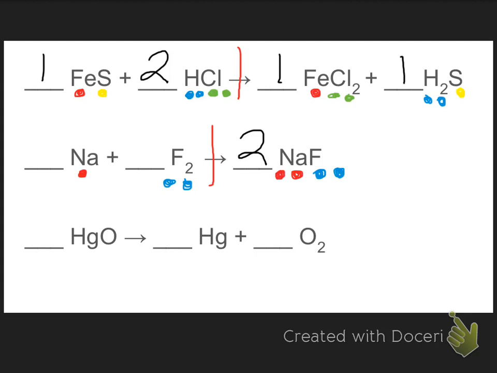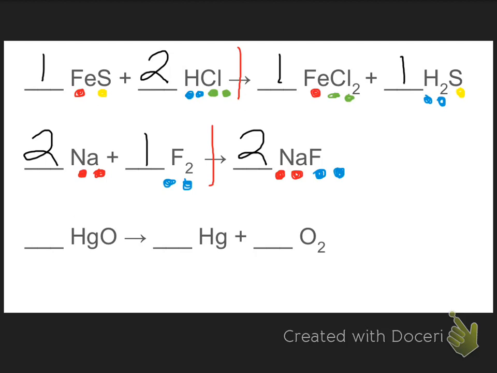So I have 2 sodiums. I have now unbalanced my sodium, so I need to go back, put a 2 in front over here to give myself my 2 sodiums on the left-hand side. Now this equation is balanced. Again, I can put my 1 right here, just kind of as a placeholder.